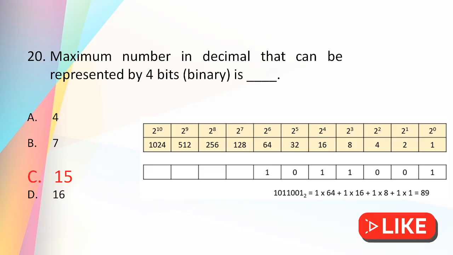Here n is 4, so it is 2 raised to 4 minus 1, which is 16 minus 1, equal to 15. Also you can use the position values: 8 plus 4 is 12, 12 plus 2 is 14, plus 1 is 15. So the maximum number in decimal that can be represented by 4 bits is only 15.